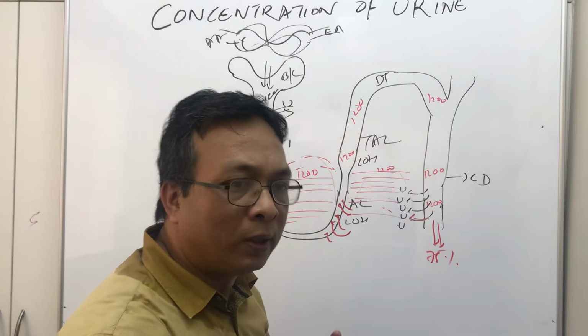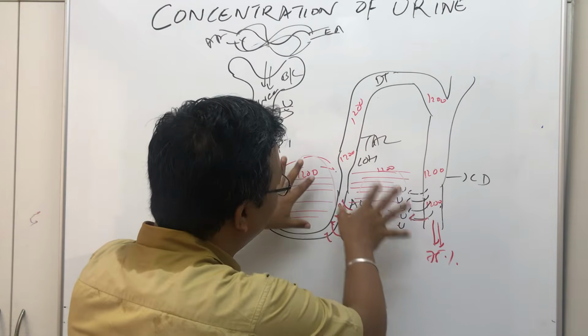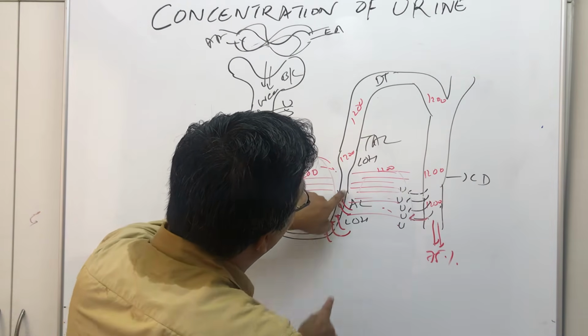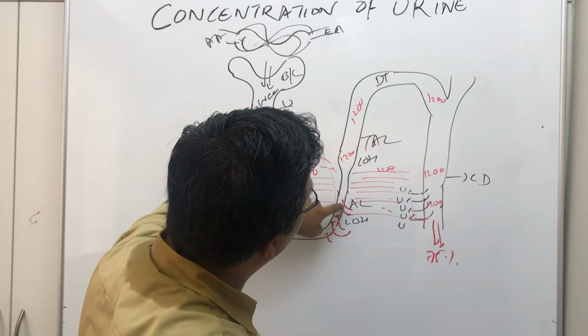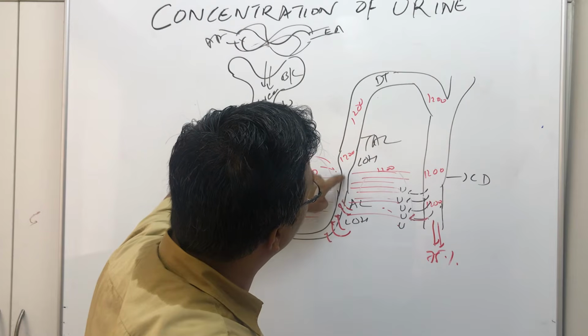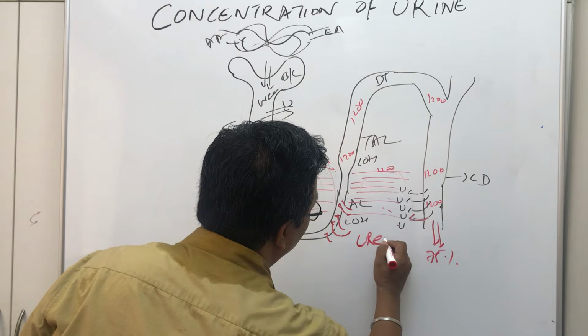So we don't need to worry about what will happen if urea stays in the body, because this urea doesn't stay in the body for a long time, and after some time it is reabsorbed back. It is being absorbed here. It is being secreted back into the loop of Henle. So this is a urea cycle. We call it the urea cycle.